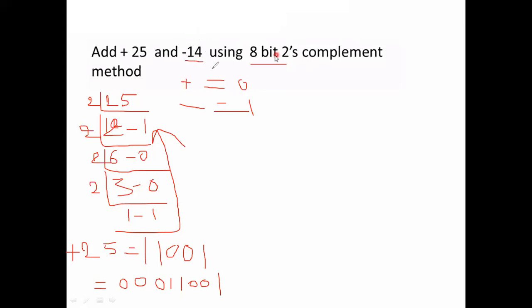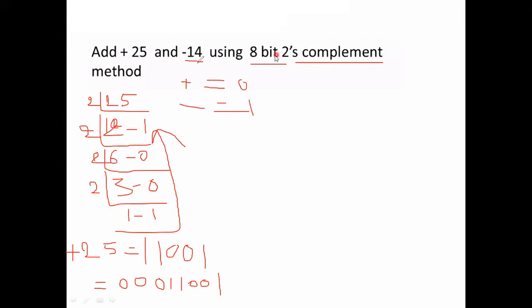Now minus 14 is there. This minus 14 is a negative number. For this negative number, we calculate the 2's complement form. Out of the 2 inputs, for this plus 25 we are not calculating the 2's complement form, because for positive numbers we do not calculate the 2's complement form. Only for negative numbers we calculate the 2's complement form.